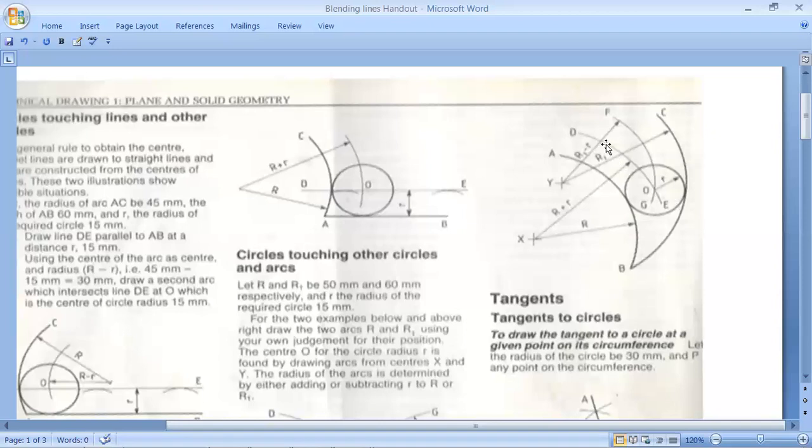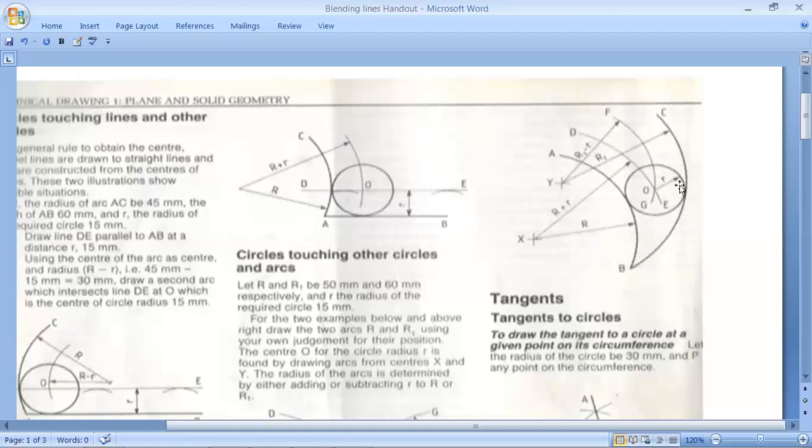And we create this arc here, the arc DE. See the arc DE is adding the radius for this circle plus the radius of this one that is outside. Now, in order to get the other arc, FG, to intersect this one, we have to look that this circle that we want to draw is inside the circle given.